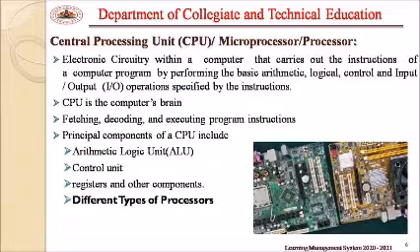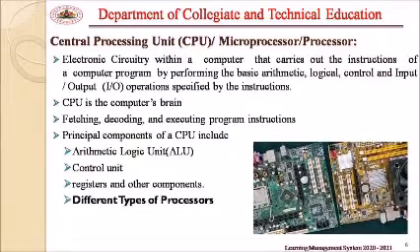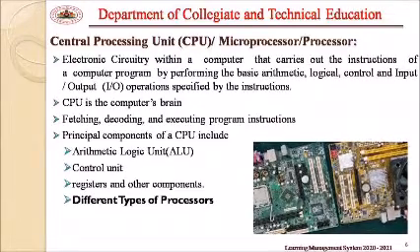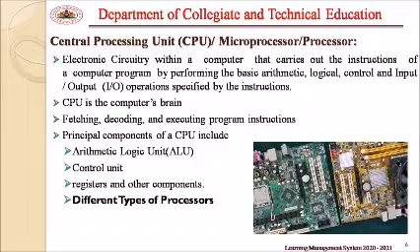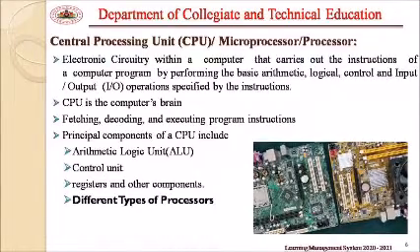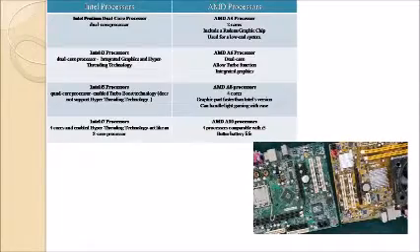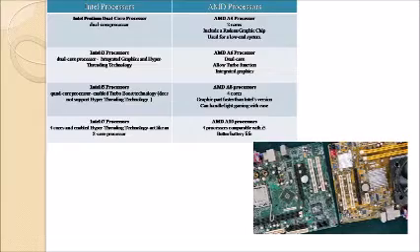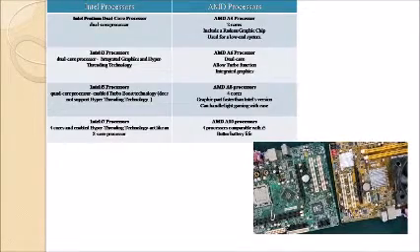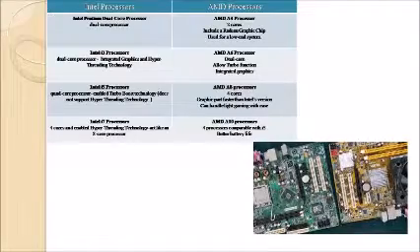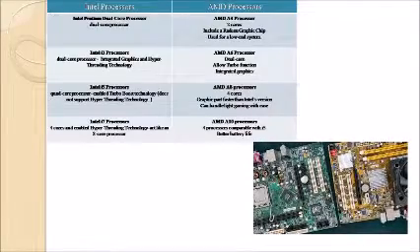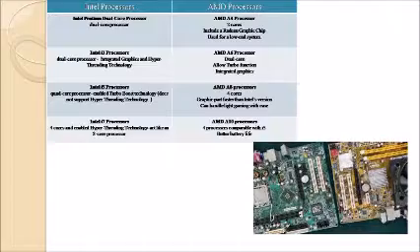There are different types of processors you can see in the present market. Main two vendors are Intel processor and the other one is AMD processor. Intel processor we have four types: Intel Pentium dual core processor, Intel i3 processor, Intel i5 processor and Intel i7 processor.